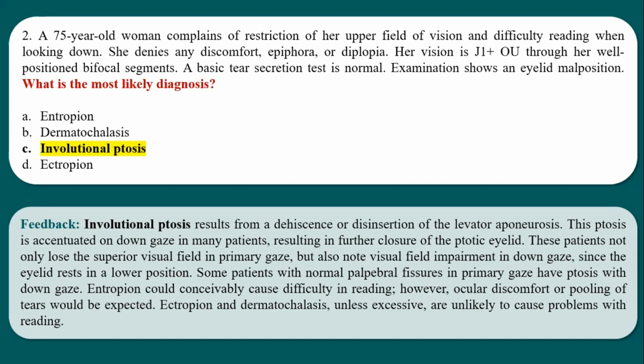Some patients with normal palpebral fissures in primary gaze have ptosis with down gaze. Entropion could conceivably cause difficulty in reading, however, ocular discomfort or pooling of tears would be expected. Ectropion and dermatochalasis, unless excessive, are unlikely to cause problems with reading.